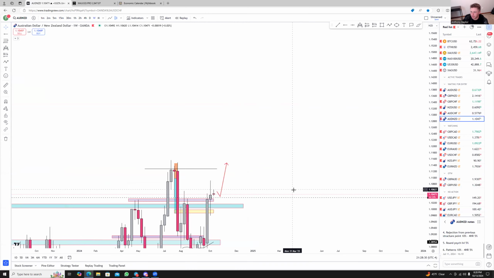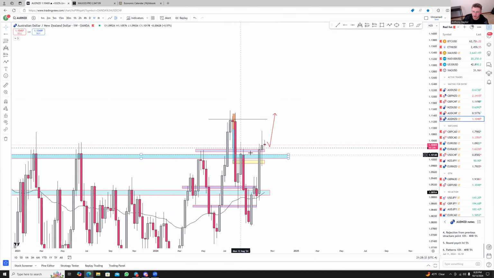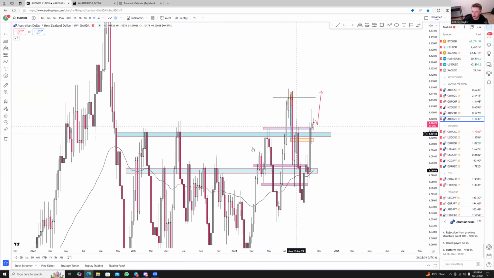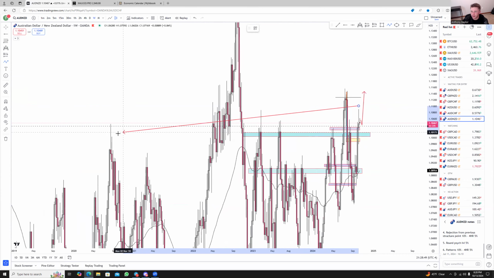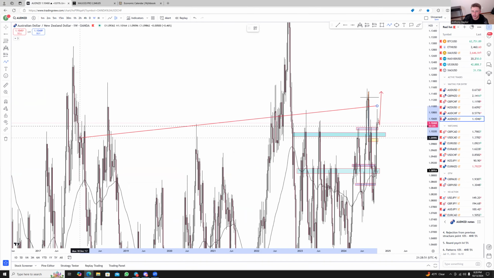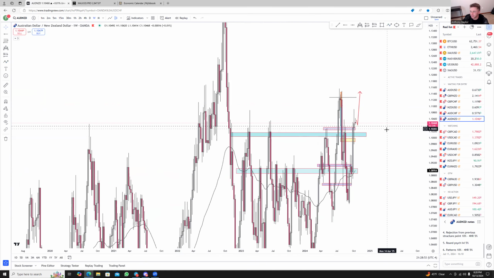We just popped above our weekly area of interest. How do we get that? 1, 2, 3, 4. Mark it out for you. 1, 2, 3, 4, if you stretch it out, 5. Yes, potentially 6 here. That's a strong zone.